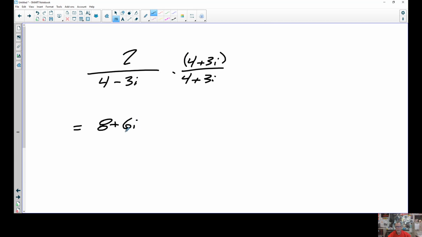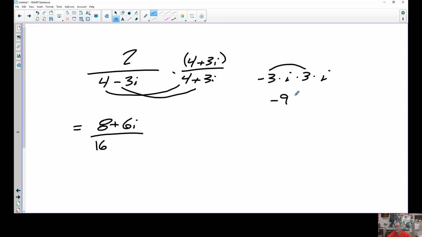All right, 8 plus 6i on the bottom. Again, remember, all I have to do is this, 16, and then this. Now this is going to be negative 3 times i times 3 times i. So these two make a negative 9. These two make i squared. So this is negative 9 times negative 1. So this is 16 plus 9.